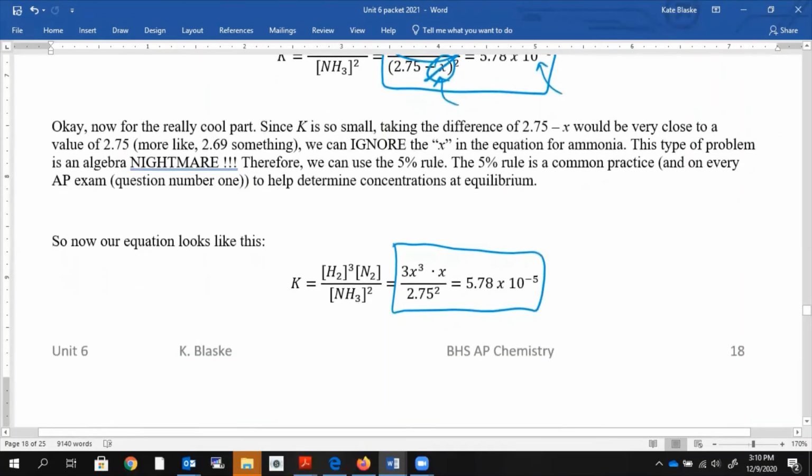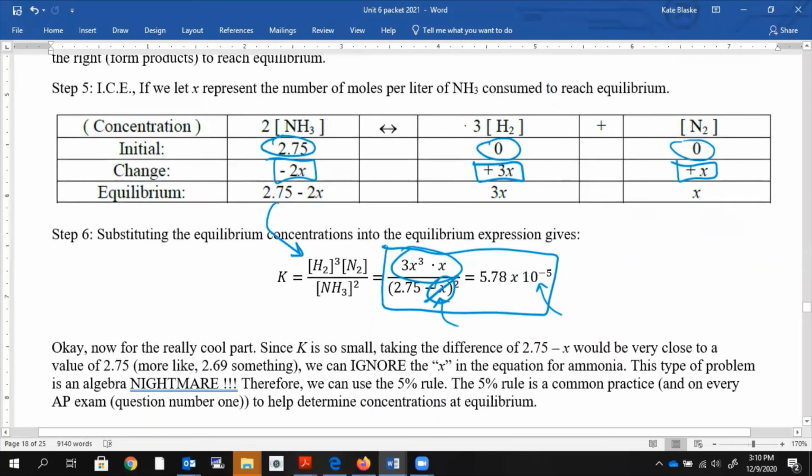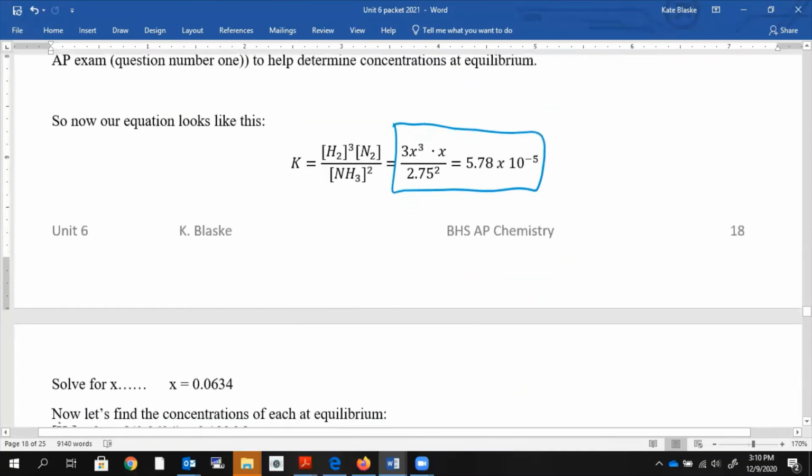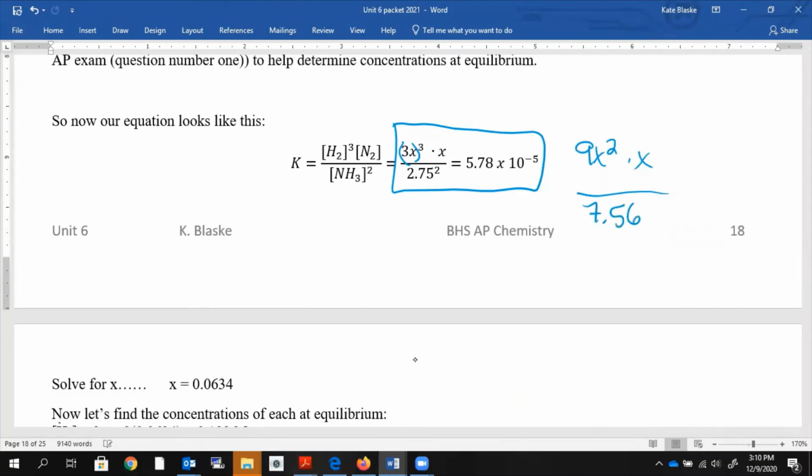So we're going to get, we're missing some parentheses. This is parentheses 3x cubed. So (3x) cubed is going to be 27x cubed times x over whatever 2.75 squared is. 2.75 squared is 7.5625, and that equals 5.78 times 10 to the negative 5.